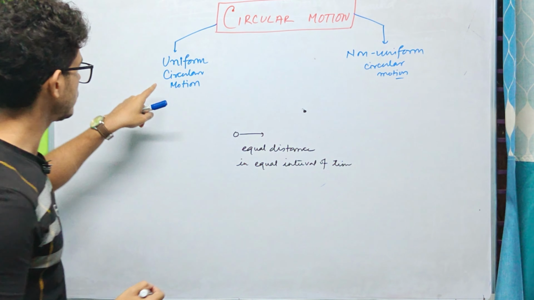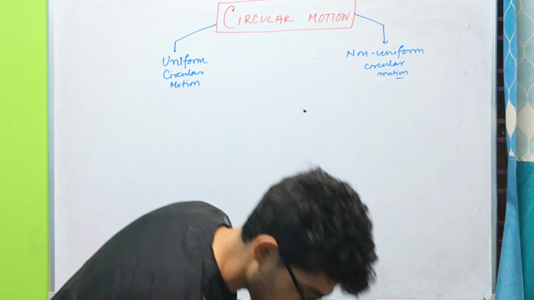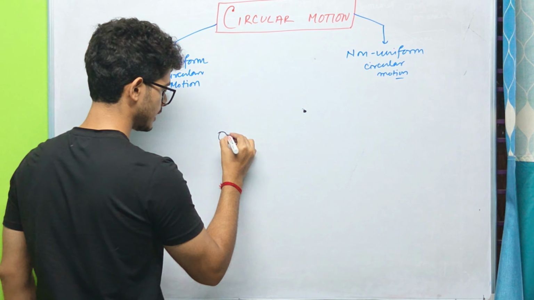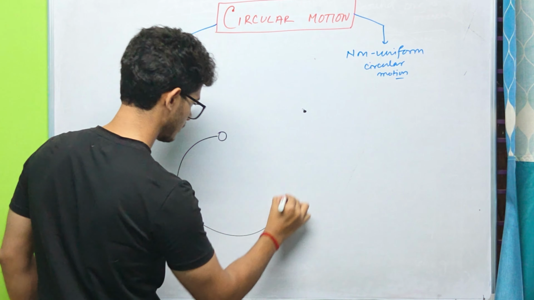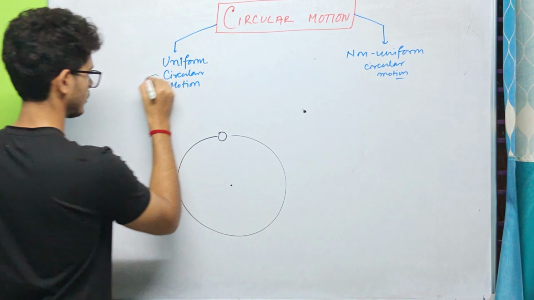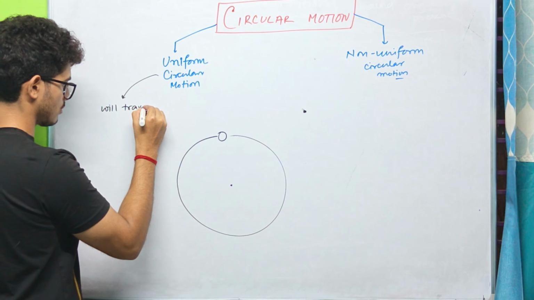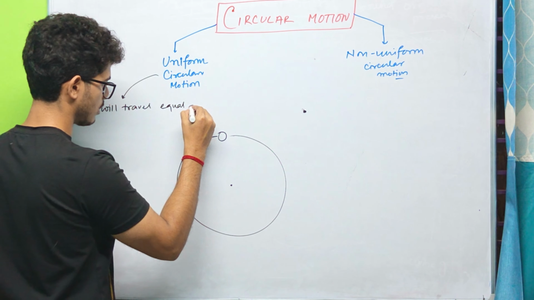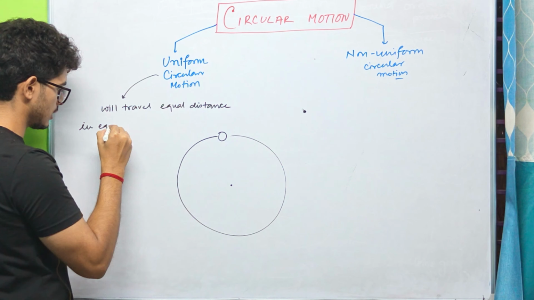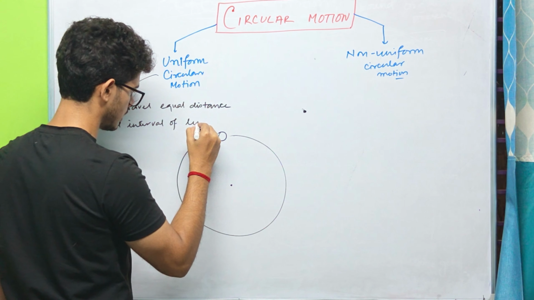But when you talk about uniform circular motion, the first parameter is constant. That is, it will travel equal distance in equal interval of time.